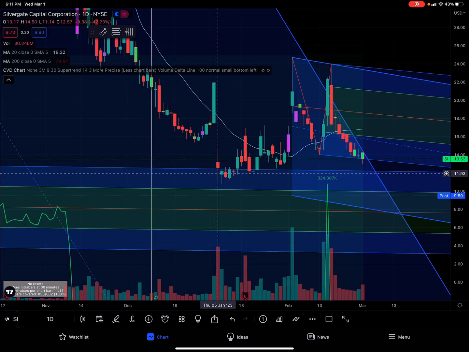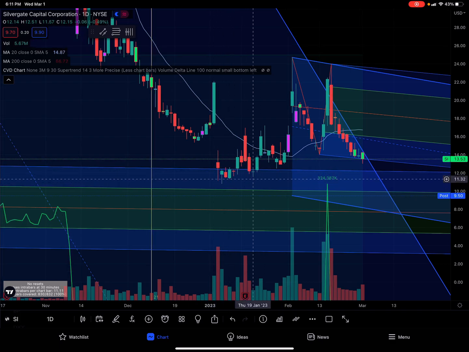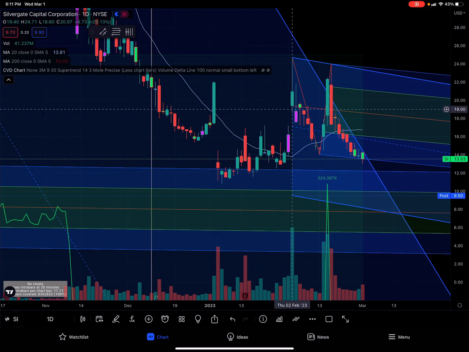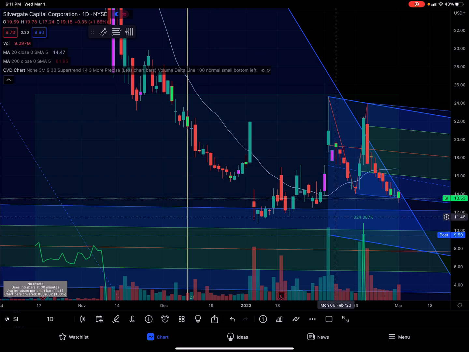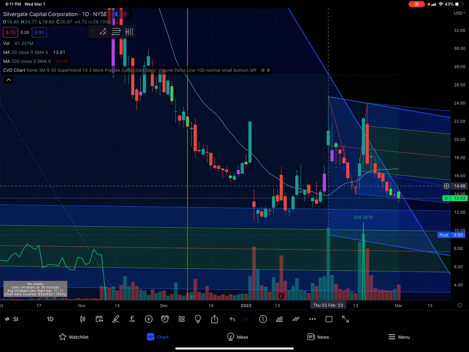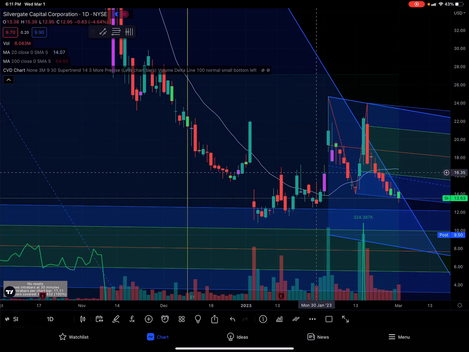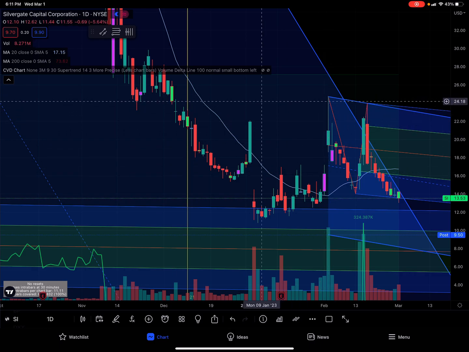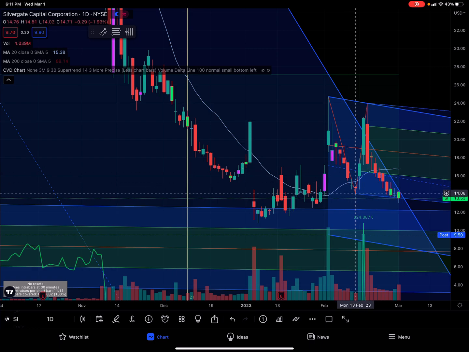So market makers are grabbing all liquidity. As soon as price goes down, market makers grab all liquidity. Price moves back up, market makers push it back down, grab as much liquidity as they can, push it back up. And since they grabbed all the liquidity on the low side, they're going to try and grab liquidity on the high side. So they mark price back up, grab liquidity above this point, and sell it back down.